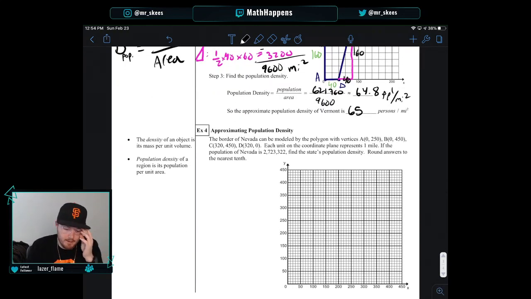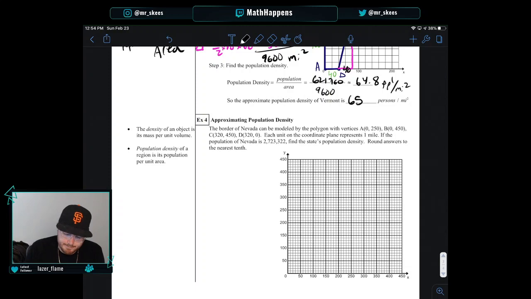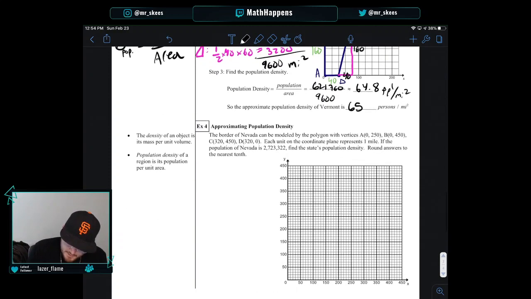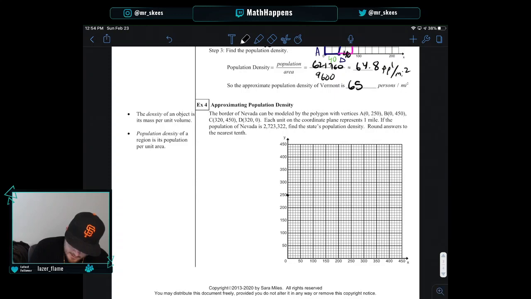How about the state of Nevada? Let's plot our points. So (0, 250) at A, and (0, 450) is B, and (320, 450).